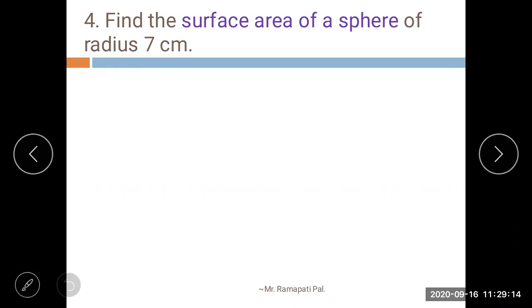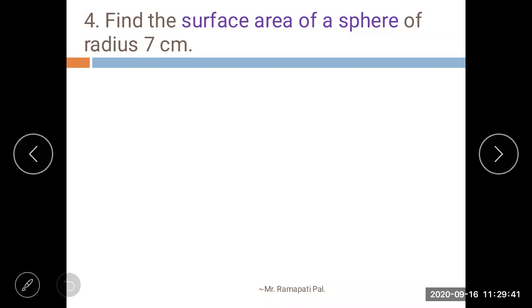For the sphere, you have to write what is given. R is given, 7 centimeter. What we have to find? Surface area of a sphere. Now you have to write the formula of surface area of a sphere. What is that?